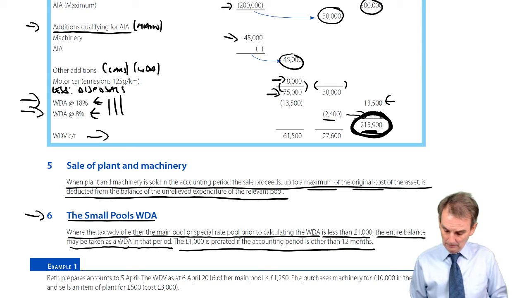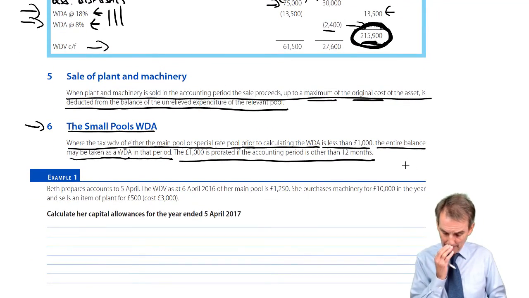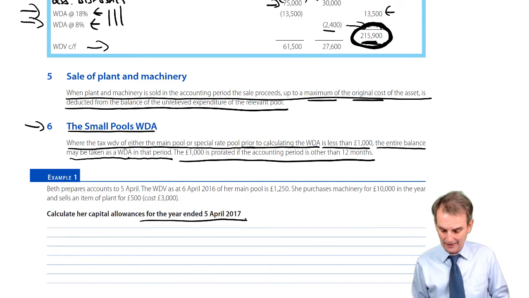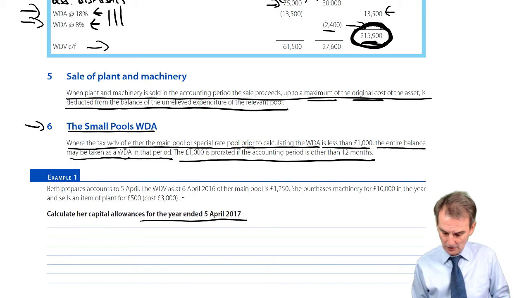There's a little example that we have on this, example 1 here. Beth prepares accounts to the 5th of April. We've got to calculate her capital allowances for the year ended 5th of April 17. We're told at the start of this accounting period, which is the 6th of April, she's got a main pool balance of £1,250.